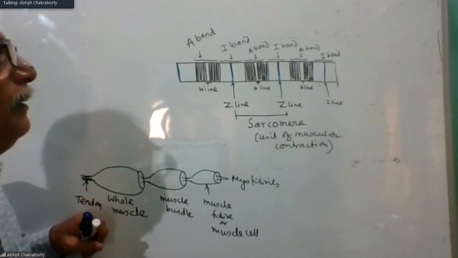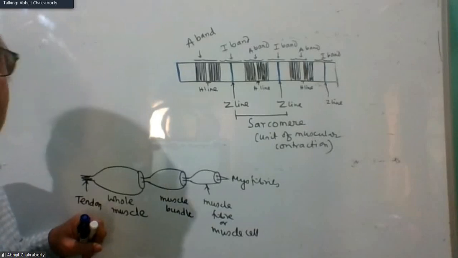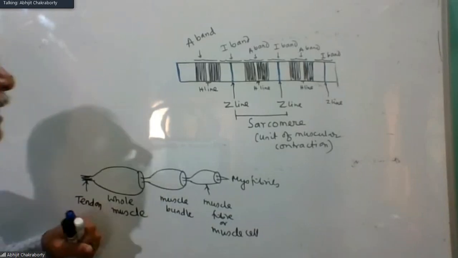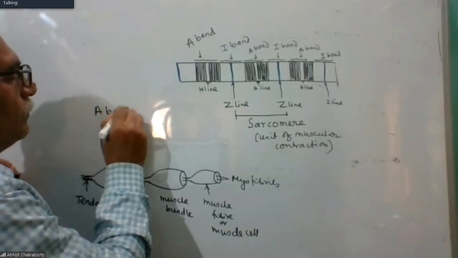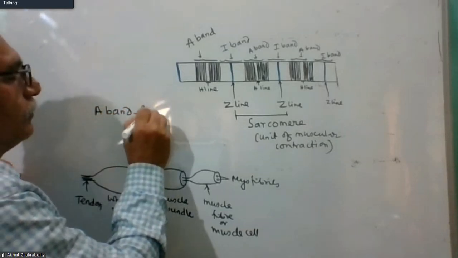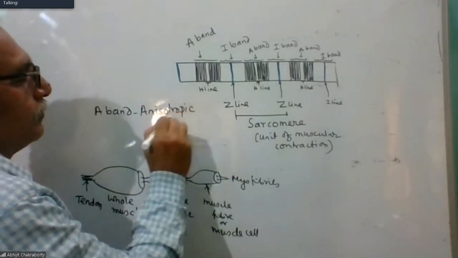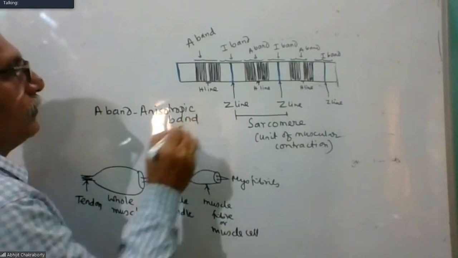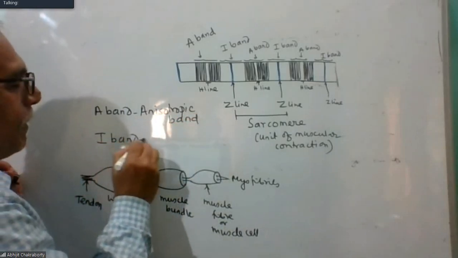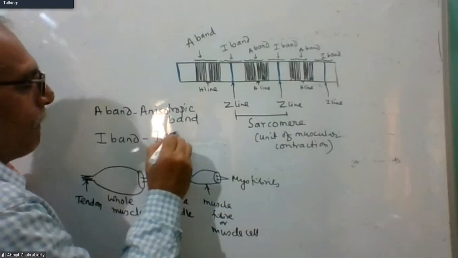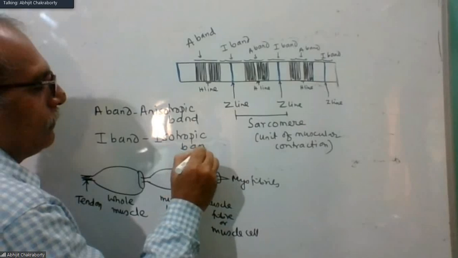So, in a myofibril, you will get alternate dark band and light band. Dark band is called the anisotropic band or A-band, and you will get the I-band, the isotropic band.